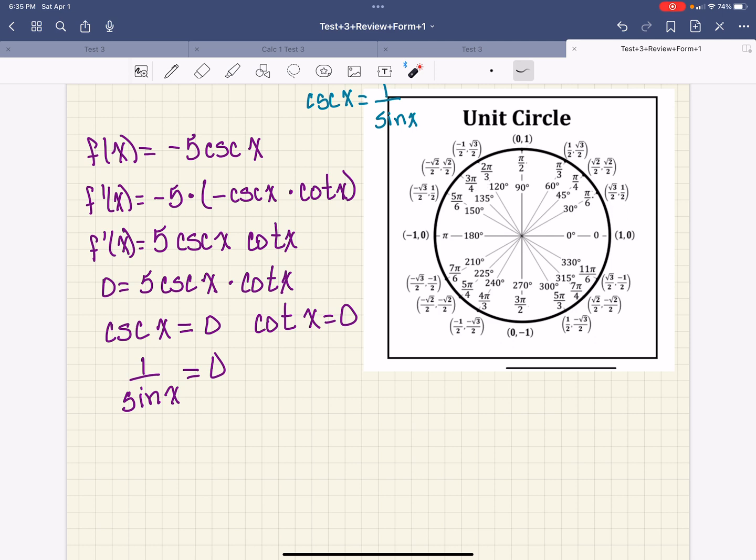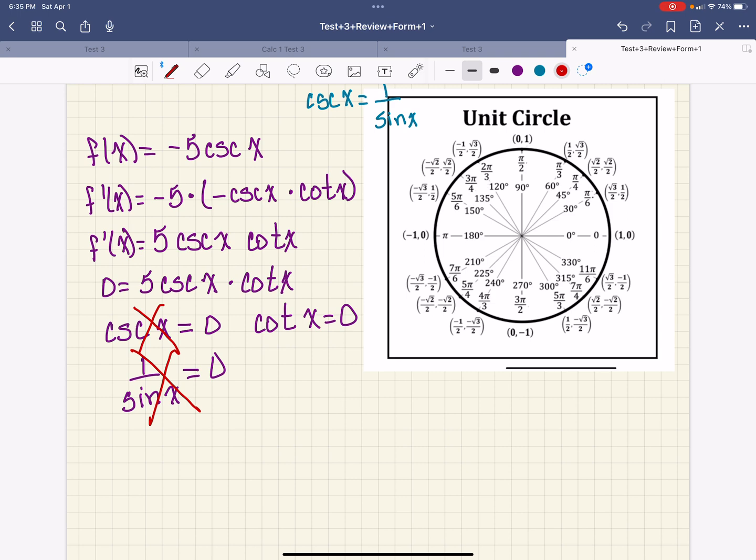For a fraction to be equal to 0, our numerator has to be 0, and that doesn't happen. So there is not going to be a critical value from this, because there is no value where cosecant of x is equal to 0.